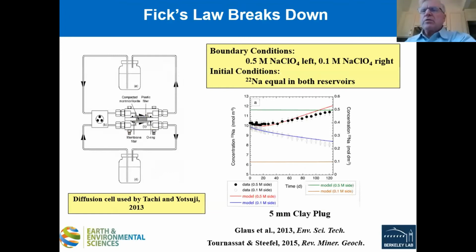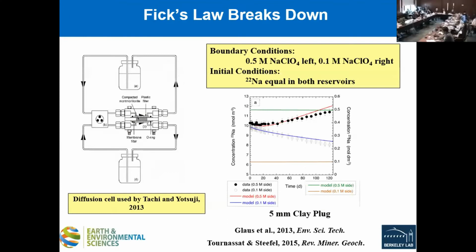So this is a case where we take that mean electrostatic potential. A very interesting, cool experiment that was actually run by the Swiss, Glaus et al. in 2013. They took a diffusion cell somewhat like the one shown on the left there, where you basically circulate water, so you maintain constant concentration boundary conditions on either side of the diffusion cell.